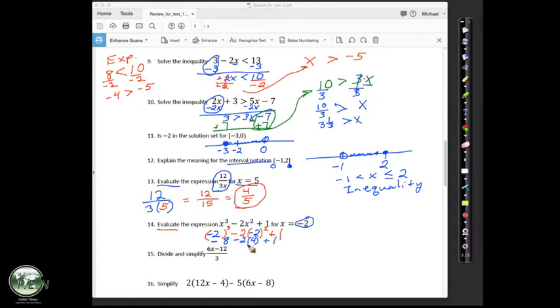What's that going to give me? So it's -8, and then -2 times positive 4 is another -8, plus 1. What's -8 minus 8? 0.